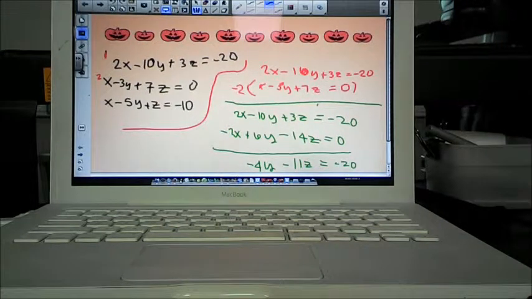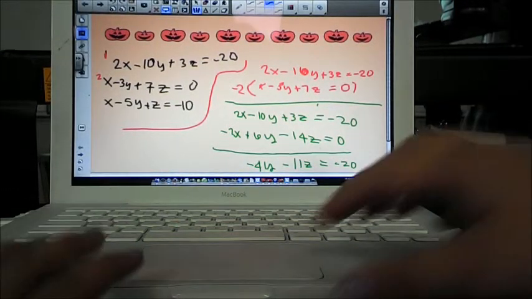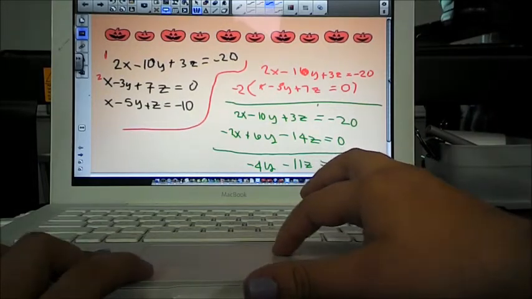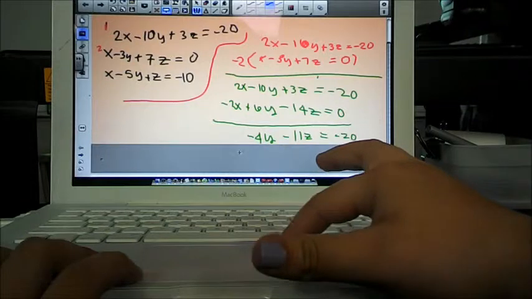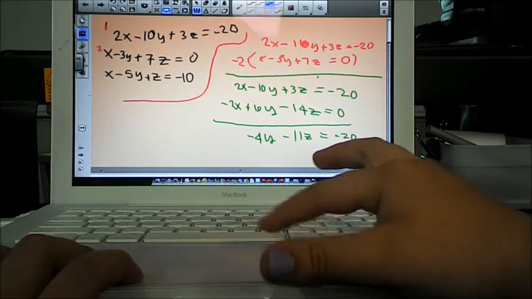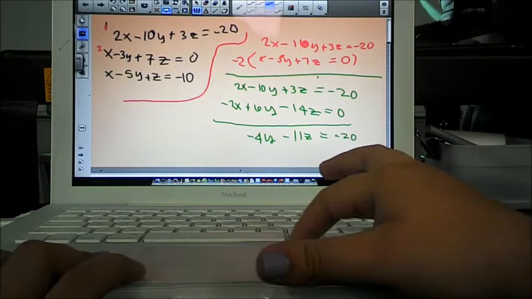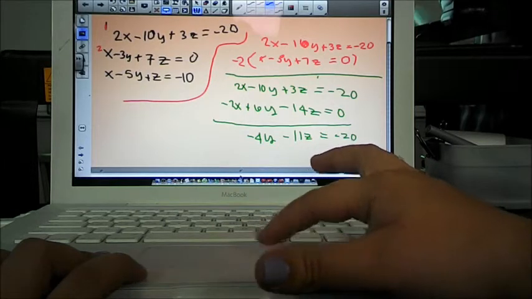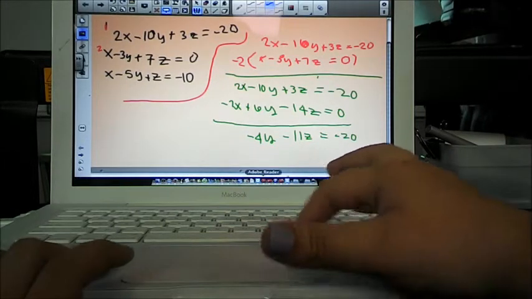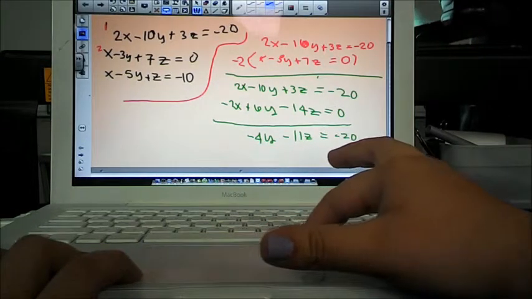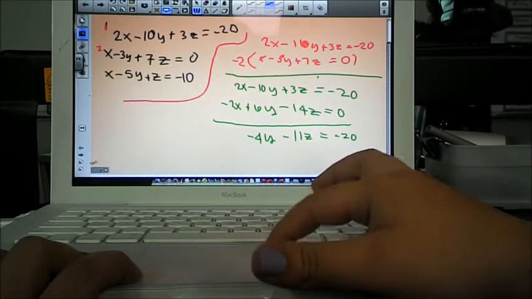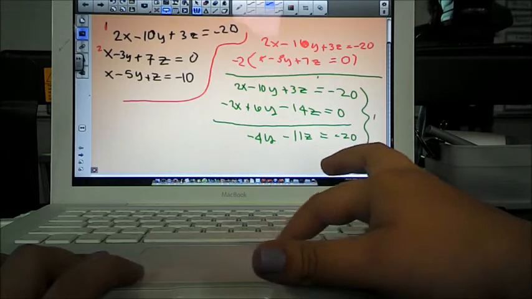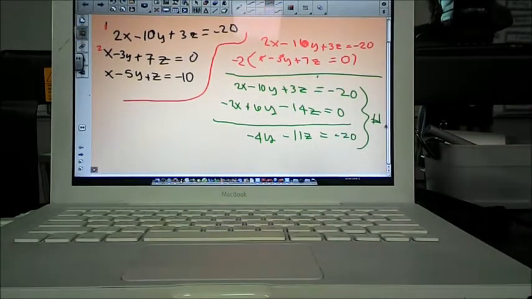Make sure that everyone understands this, and we're going to move on to the next, because we have to cancel out x in two of the equations. So this is new equation number 1.